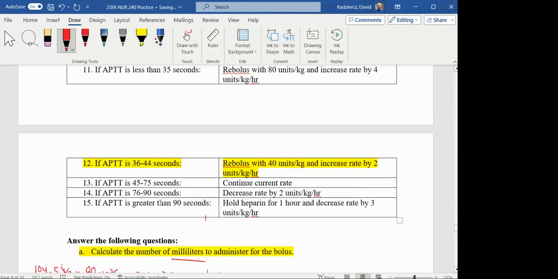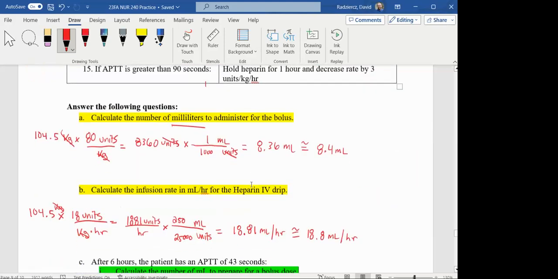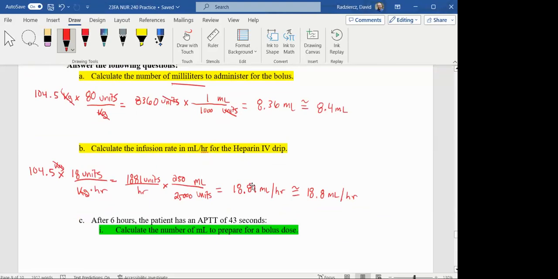So if you go back in the protocol, steps 11 through 15 tell you, after we look at the APTT, we're looking at their clotting time, and we're going to make adjustments from there. If the APTT is less than 35 seconds, that means they're still clotting prematurely. And so we're going to rebolus with another 80 units per kilogram, and then we're going to increase the infusion rate by 4. So if the original was 18, we're going to bump it up to 22 units per kilogram per hour. The reason I'm telling you that is because if they tell you the APTT was 30 seconds, then you want to follow the directions for the APTT that pertains to what it says in the protocol.